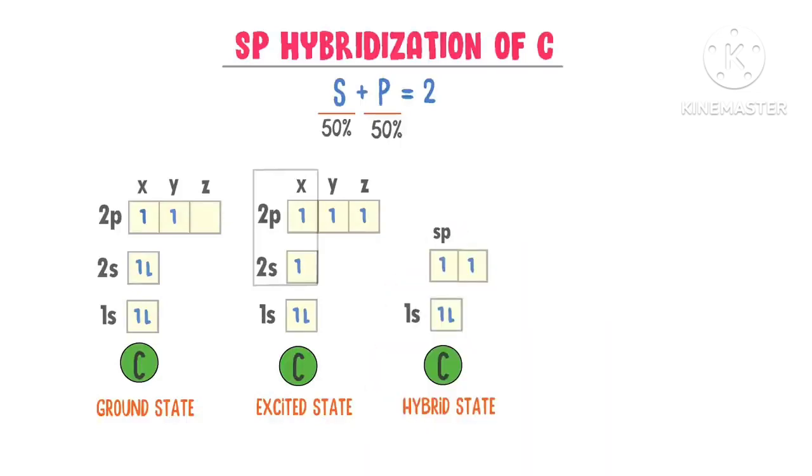This is the first sp orbital and this is the second sp orbital. The y and z orbitals of 2p do not take part in sp hybridization of carbon, so they both are unhybrid orbitals. Thus we have 2 hybrid orbitals in sp hybridization, each having an unpaired electron.